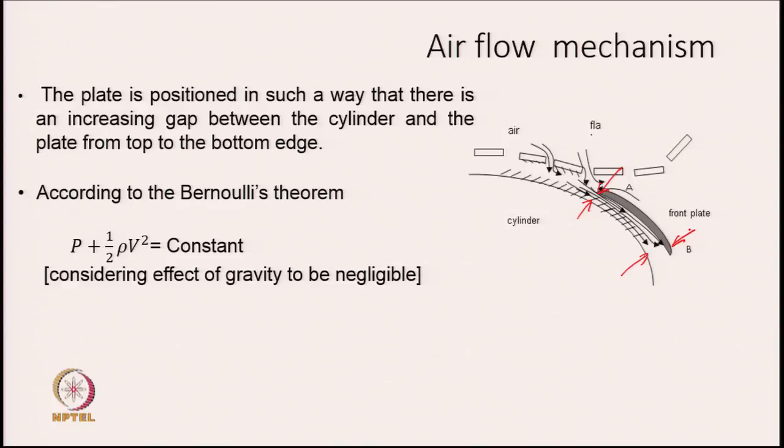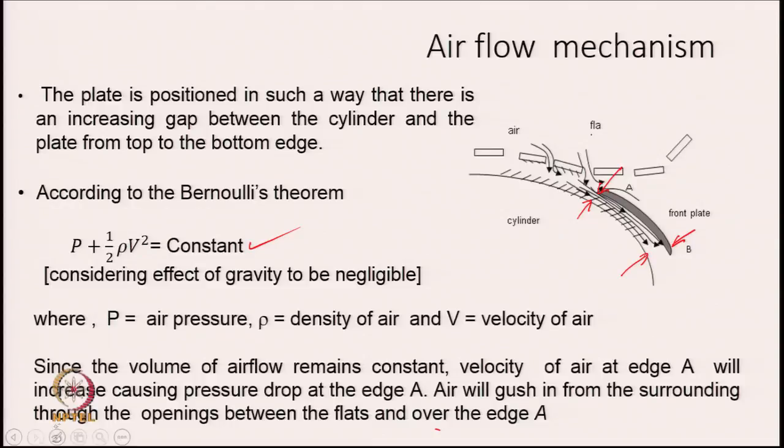Now, what is the effect of this? According to Bernoulli's theorem, P plus half rho v square will always be constant, considering the effect of gravity to be negligible. Here P is the air pressure, rho is the density of air, and v is the velocity of air.